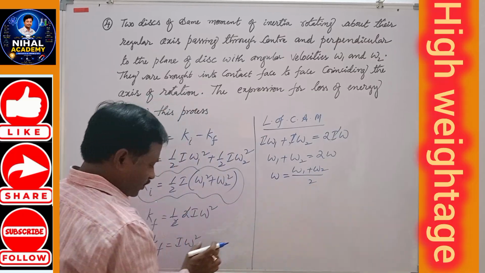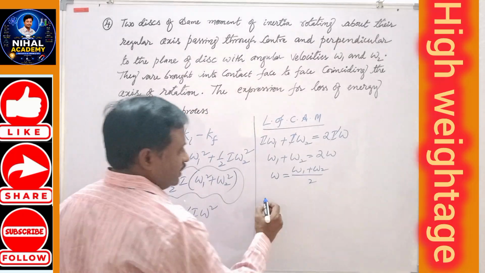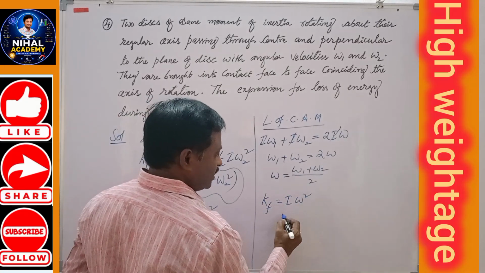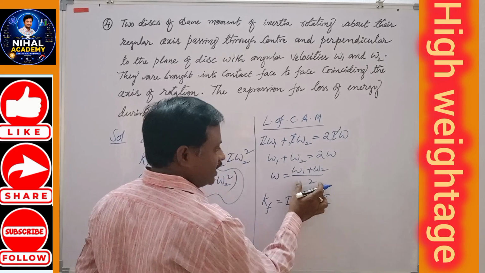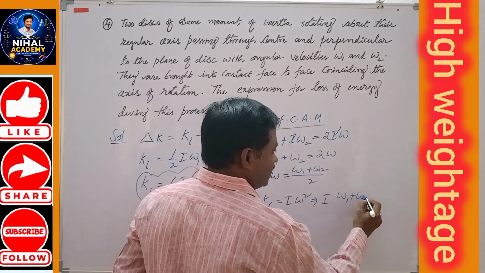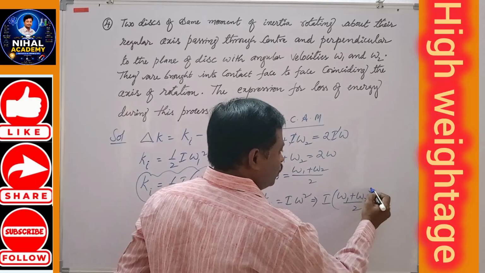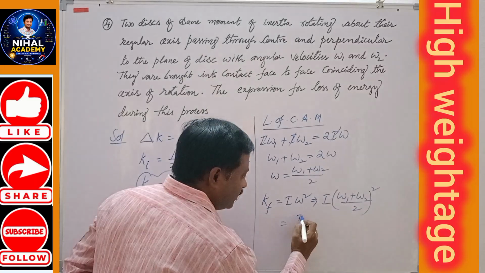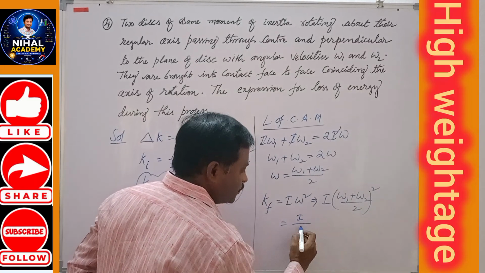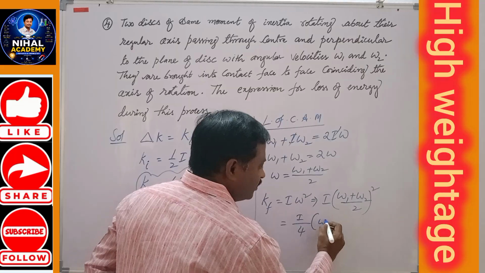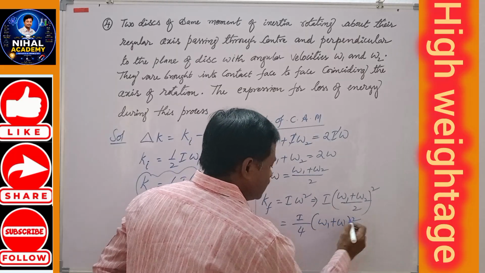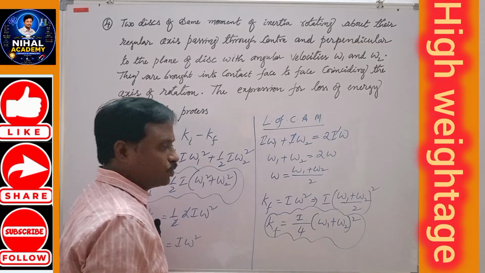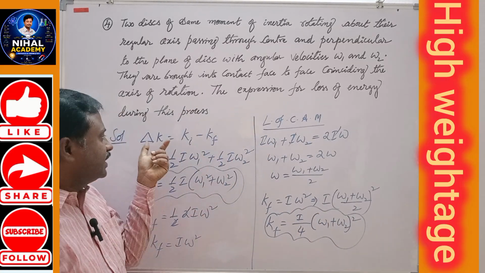If you substitute this value in the final, Kf is equal to I omega square, which is I times ((omega 1 plus omega 2) by 2) whole square. Then this is equal to I by 2 square, that means I by 4, times (omega 1 plus omega 2) whole square. This is Kf.